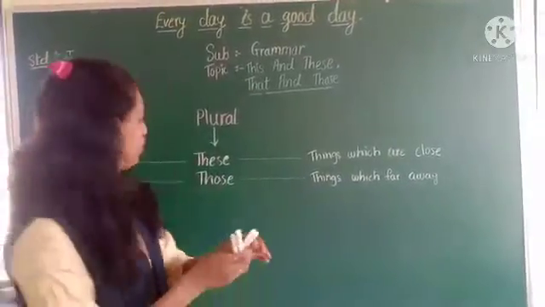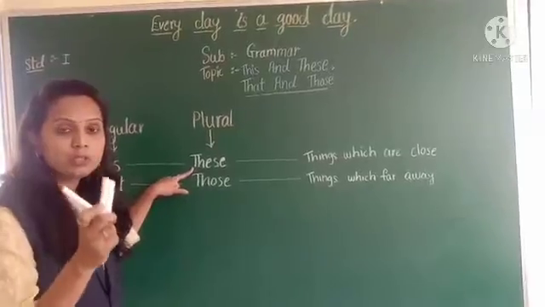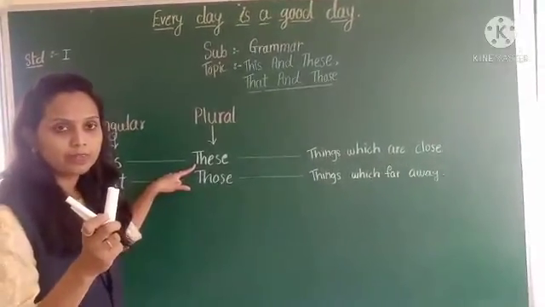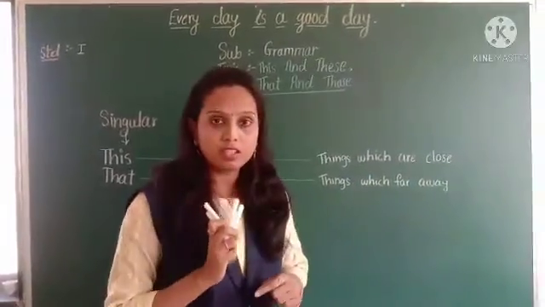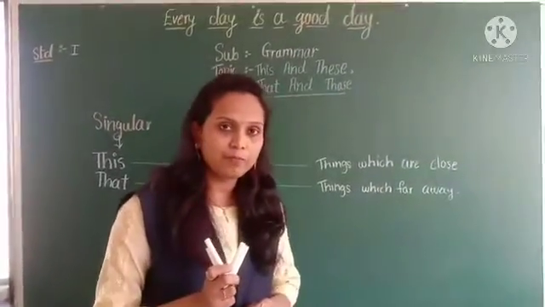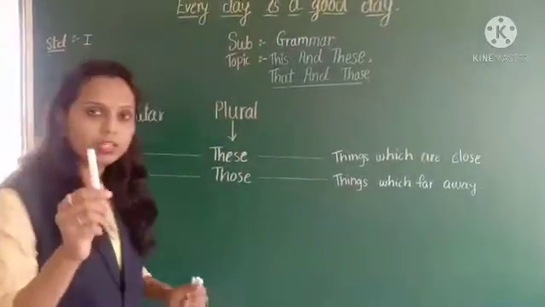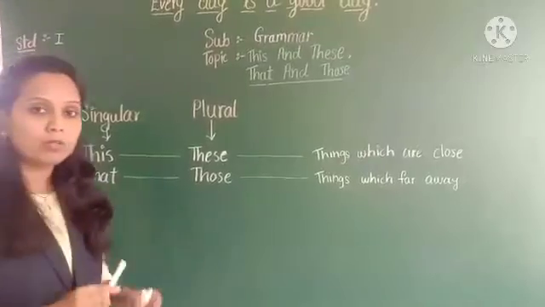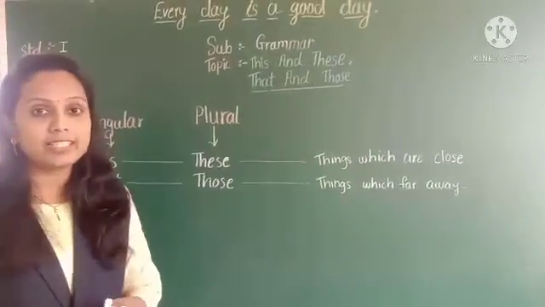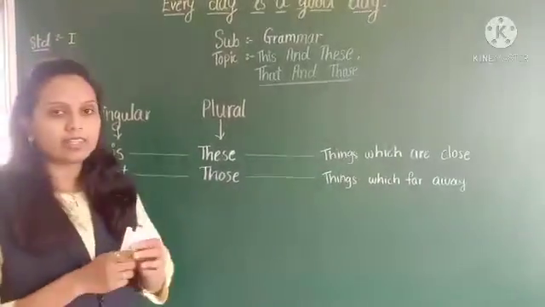So I use plural form. These are chalks which are again close to me, near to me. Understood? Means जो हमारे close है वो singular होता है तब हम this use करते हैं. जो हमारे क्लोज होते हैं और प्लूरल एक से ज्यादा होते हैं तब हम these यूज करते हैं.